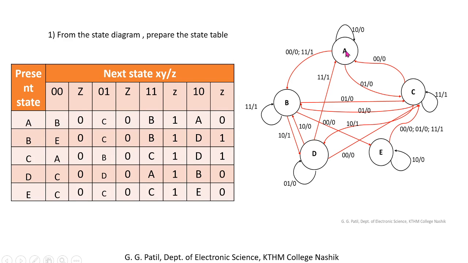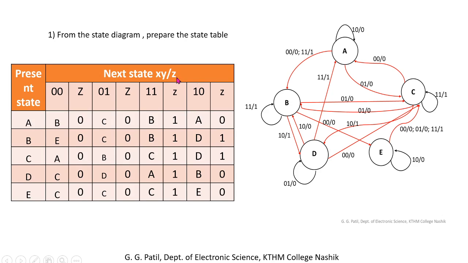Since there are 5 states A, B, C, D and E, in the present state column there are 5 states, and next to it the next state and output condition. As we described, there are two inputs, say x and y, and we'll assign the values to x and y like 0 0, 0 1, 1 0 and 1 1, and there is one output at every place, so we'll say the output is z.